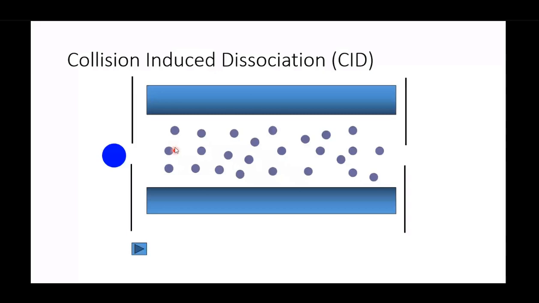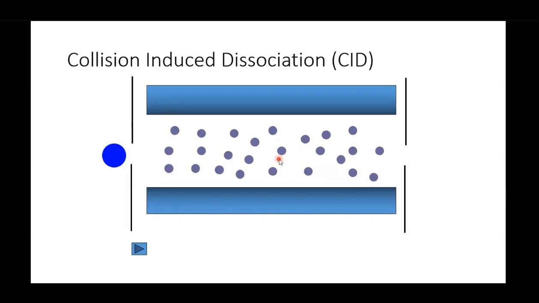From the other side, I introduce a leak of argon gas, and those argon gas molecules collide with this vibrating 240 ion of salbutamol and break it down, and the dissociation of this 240 ion will create the fragmented ions which are driven out into the next quadrupole. This quadrupole will work in a scan mode and will give us the information about what the fragments of 240 are, and that will give us the structural information about this particular ion. Okay. So that is how it works.